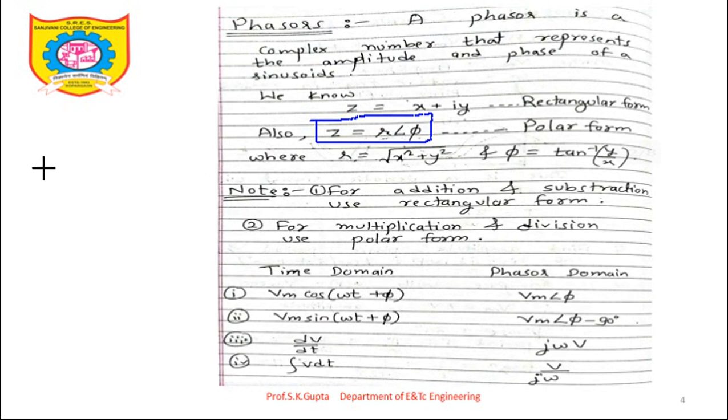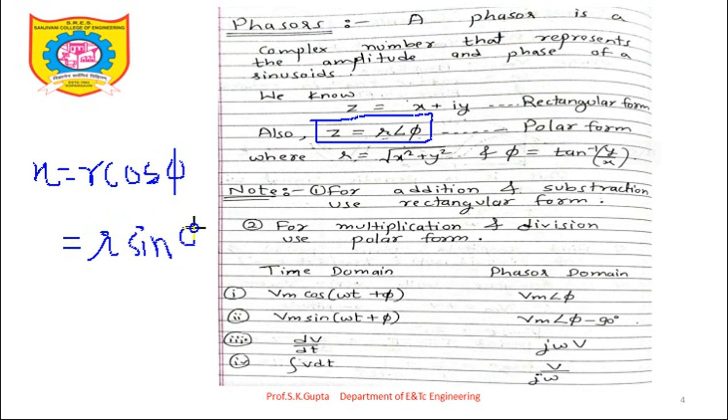We know that x equal to r cos phi and y equal to r sin phi. By using this relation you can convert it theoretically on paper, but if you want to use a calculator you can, no problem. In the calculator also, functions are available for conversion, rectangular to polar or polar to rectangular.